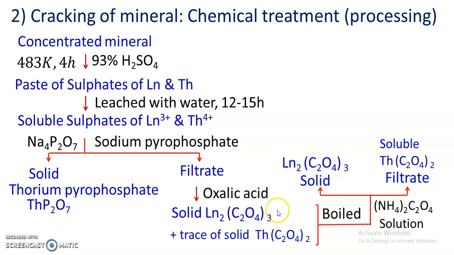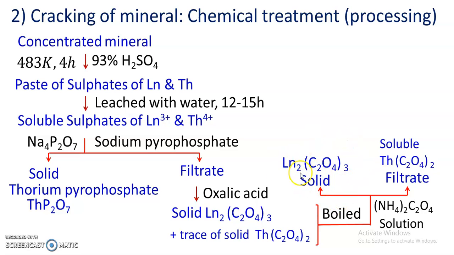So lanthanum oxalate remains insoluble even when boiled with ammonium oxalate. So there is a solid which is lanthanum oxalate, and in the filtrate there is thorium oxalate. After filtration, the solid is taken out, and the filtrate is processed again for isolation or purification of thorium. Now the solid mainly contains lanthanum ions.